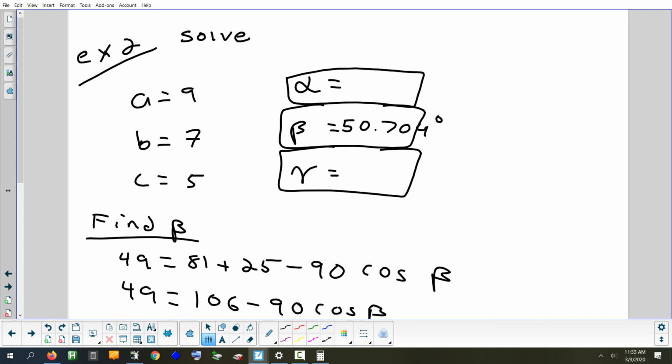But we're on the right track. What kind of triangle would you just have to do law of cosines once? Isosceles. Because if you have two angles the same and then one that's different, you could just find the one that's different, and then whatever's left over gets split between the other two. But all three are different, so you've got to do it twice.